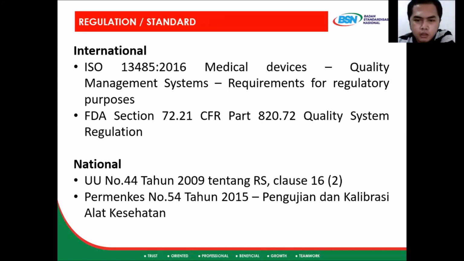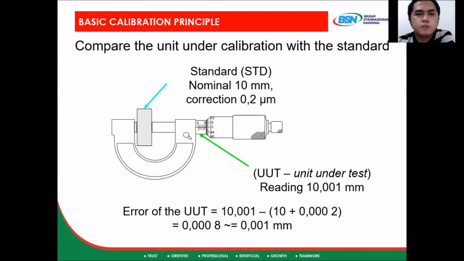Well, what is calibration? The basic calibration principle. The calibration principle is to compare the unit under calibration, or we usually call it UUT, with the standard. This is an illustration of a caliper being calibrated with gauge blocks.